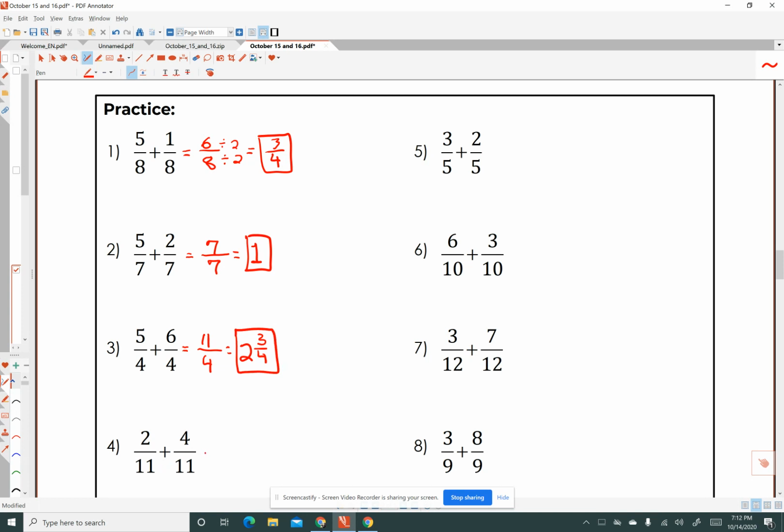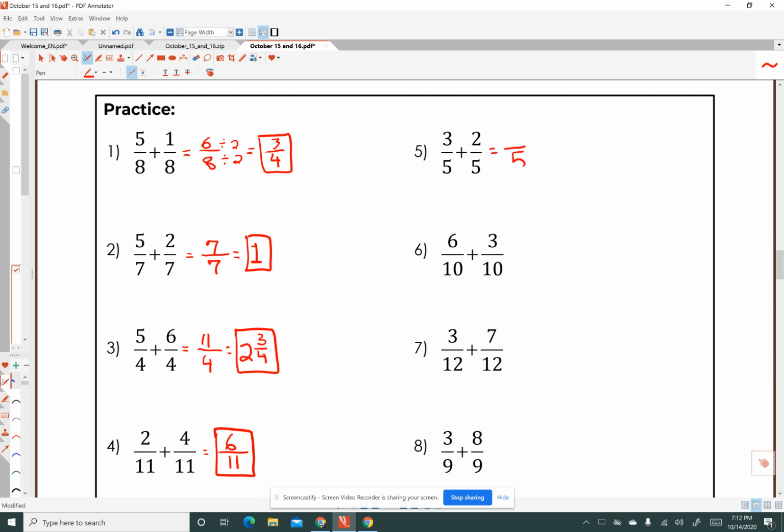In number 4, we again keep the denominator, and 4 plus 2 is 6, and 6 elevenths is a final answer. We cannot simplify that any further because there's no number that is a factor of both 6 and 11 that will allow us to simplify that fraction.